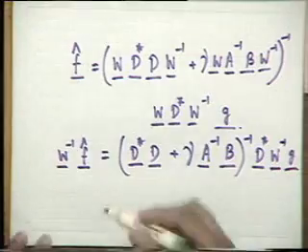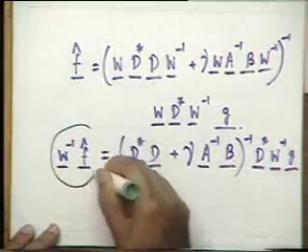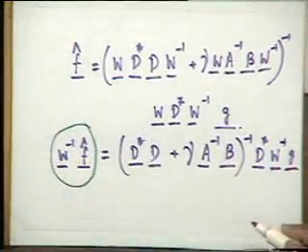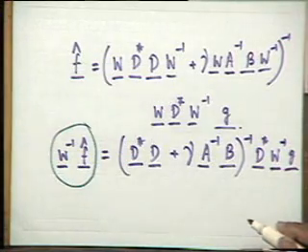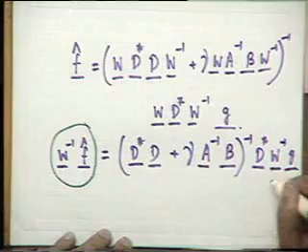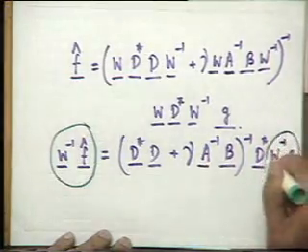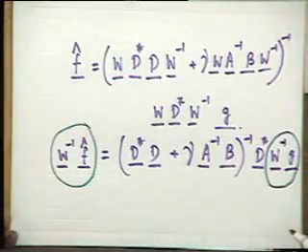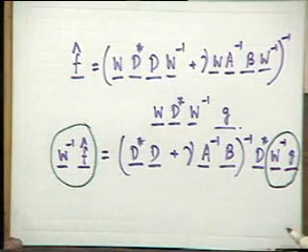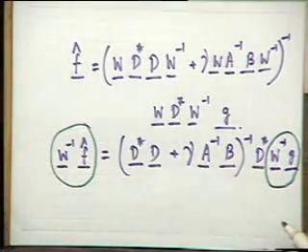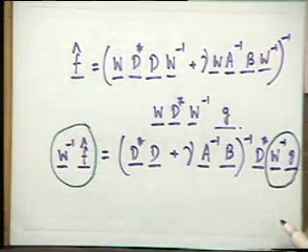What is this W inverse F hat? It is the discrete Fourier transform of F hat. What is the significance of W inverse G? Again, the discrete Fourier transform of G. And now the remaining terms, we know their individual physical significances.